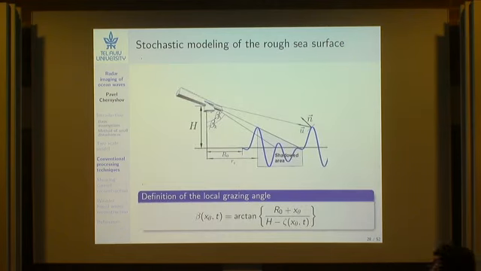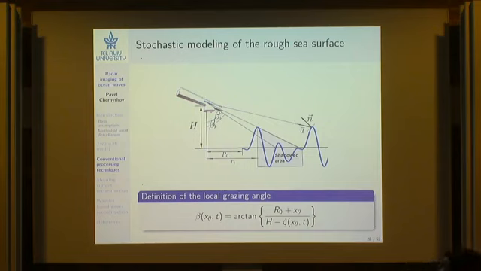Here's the scheme of the radar probing, and you see more or less how the shadowing occurs. I calculated the shadowing using a simple criterion based on the comparison of the incident angle at each point. I don't want to go much into the details.